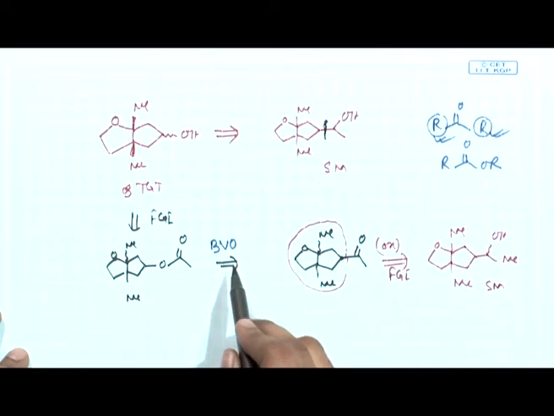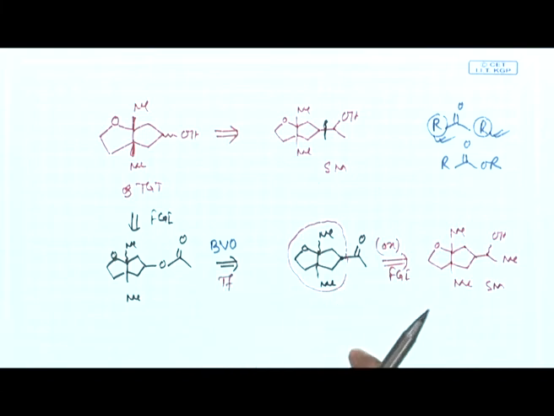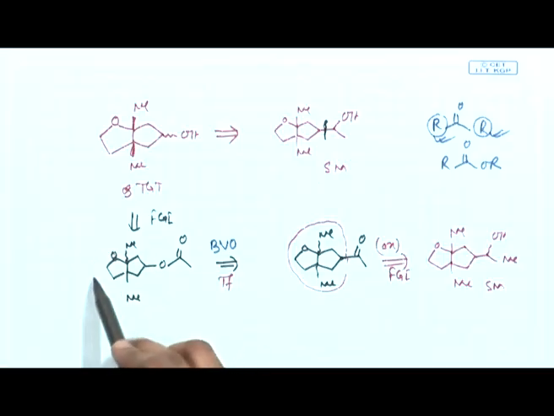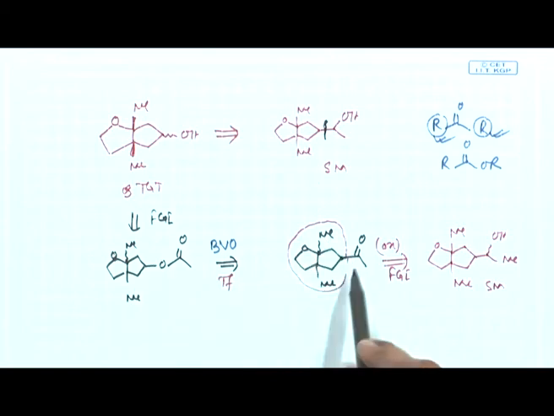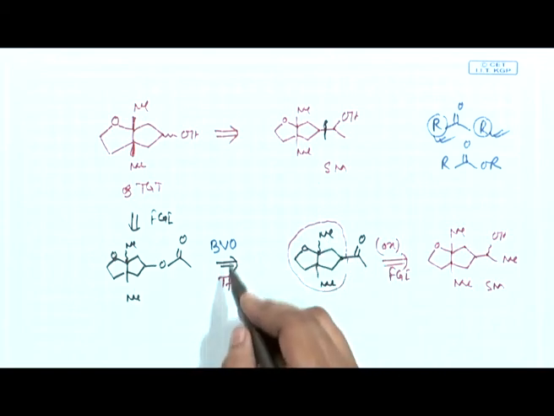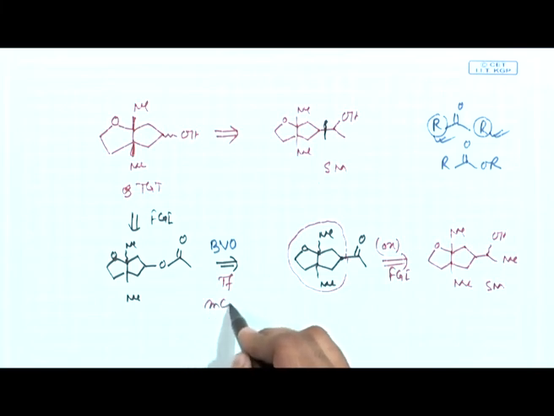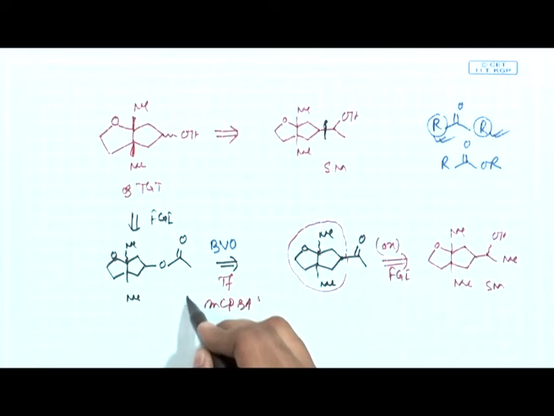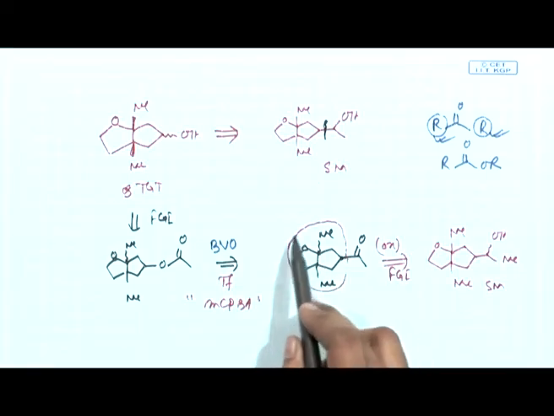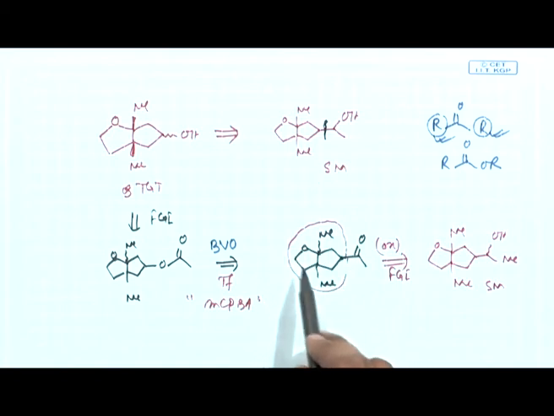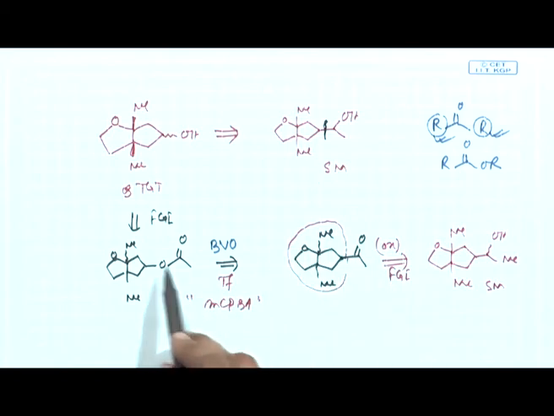Then you think about doing a Baeyer-Villiger oxidation, and the mechanism says that the more substituted alkyl group will migrate towards the electron-deficient oxygen. In the Baeyer-Villiger reaction, the reagent we use is MCPBA. I am sure all of you know the mechanism; if you are not sure, please check it again in a standard textbook. You find that this group has more migrating aptitude than the methyl, and once it migrates, you have this carbon-oxygen bond.